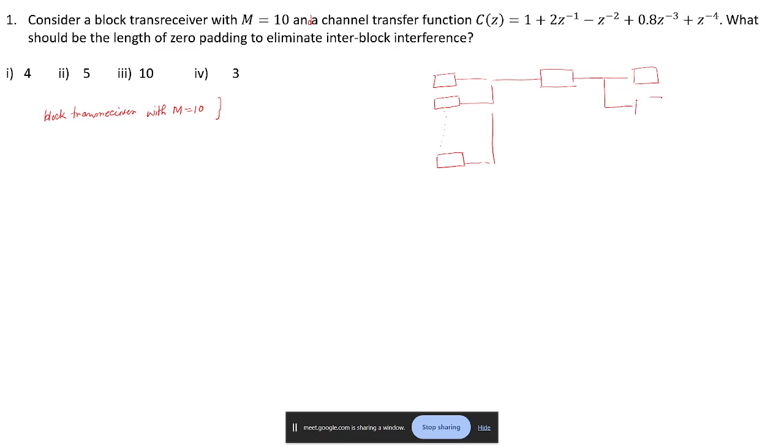Of course, there are other blocks also, like delay or advance. I am just ignoring them as of now. So M is equal to 10. Although this is not very relevant to the question here, this is just to help you visualize the block transceiver with M equal to 10.